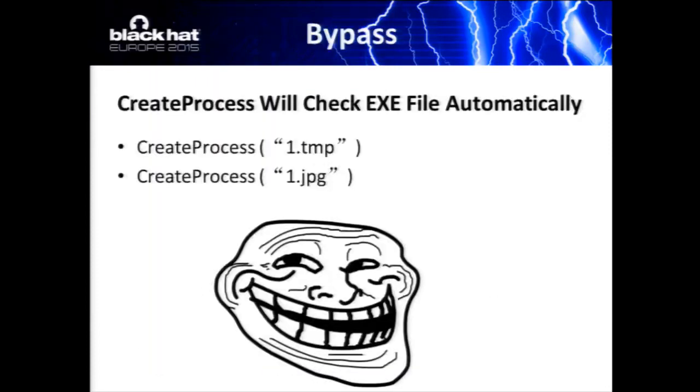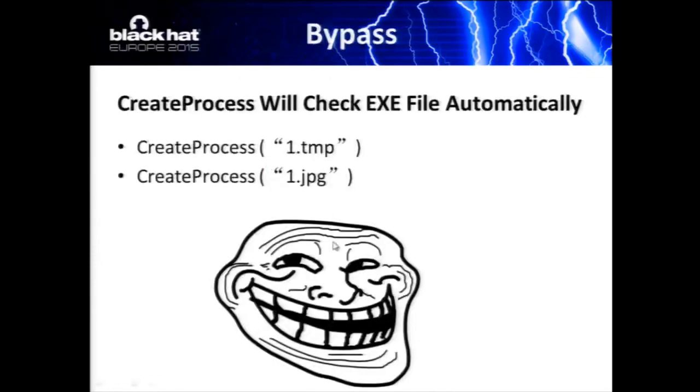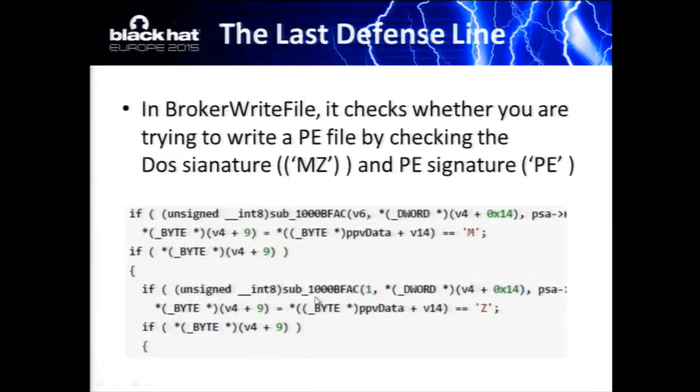But that's not a big problem, because the CreateProcess API will check the actual file type. So even if you name your file as one.jpg and call CreateProcess on it, it can still execute it as a valid PE file. So this whitelist is just useless.